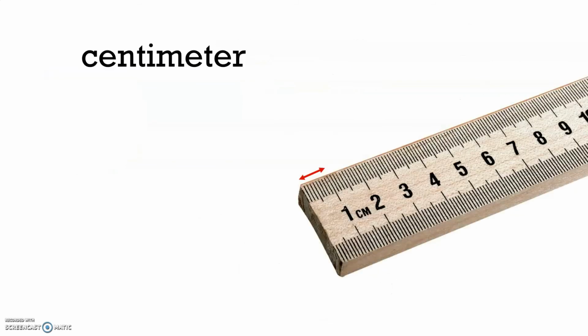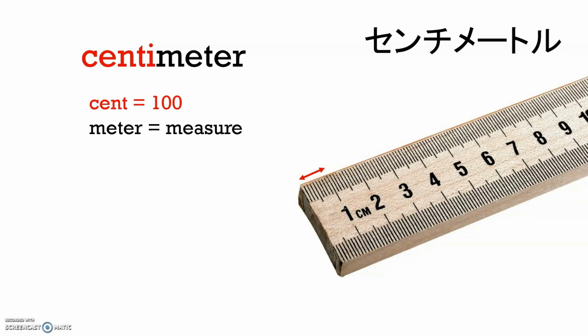Okay, and then we have centimeter. Centi, this is a form of the Latin root cent, which means 100. And then meter again is measure. So if you measure 100 of these units, that will give you 1 meter. And then the Japanese is centimeter.